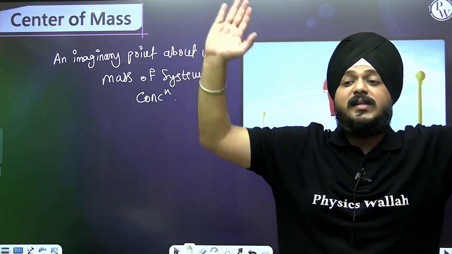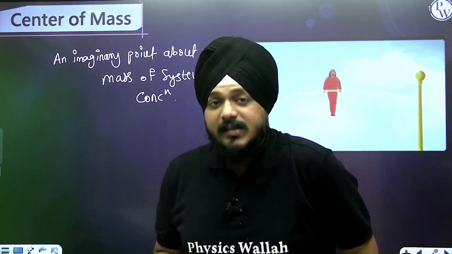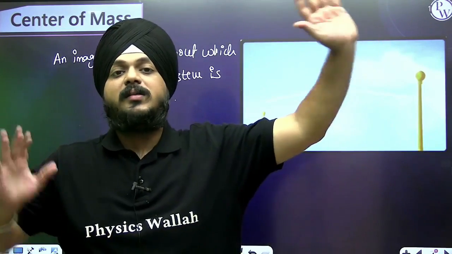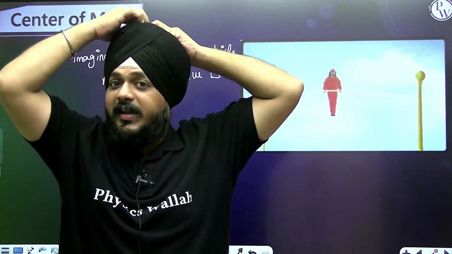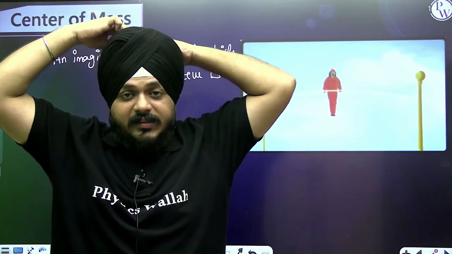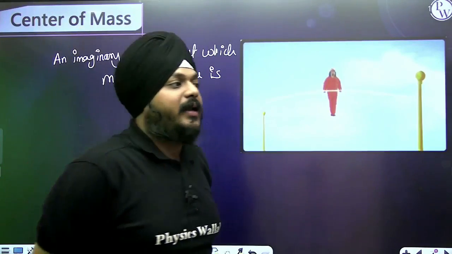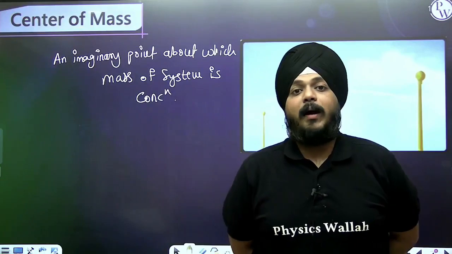The syllabus is designed in a way. First chapter is a generalized introduction for the entire syllabus of physics, that is units and measurement. In motion in 1D, we are always dealing with the particle.